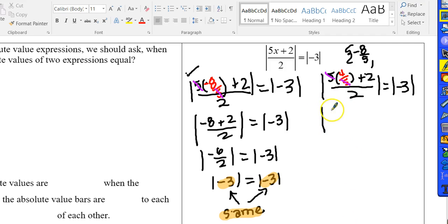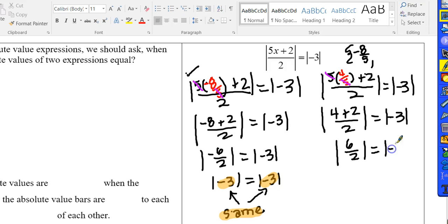So that gives me absolute value of 4 plus 2 over 2 equals the absolute value of negative 3. Or the absolute value of 6 over 2 equals the absolute value of negative 3. And finishing that out, the absolute value of 3 equals the absolute value of negative 3.